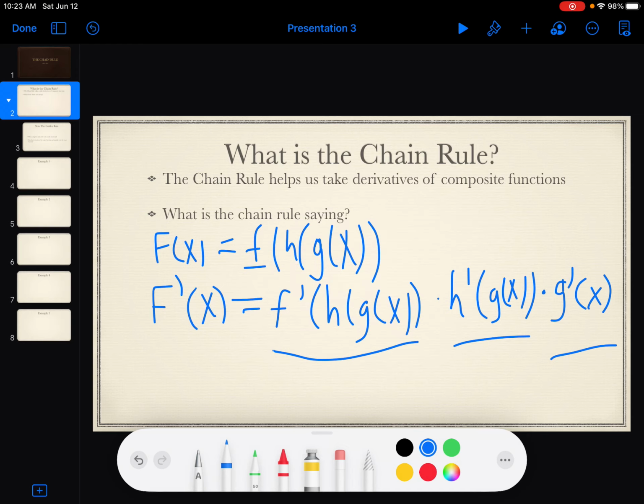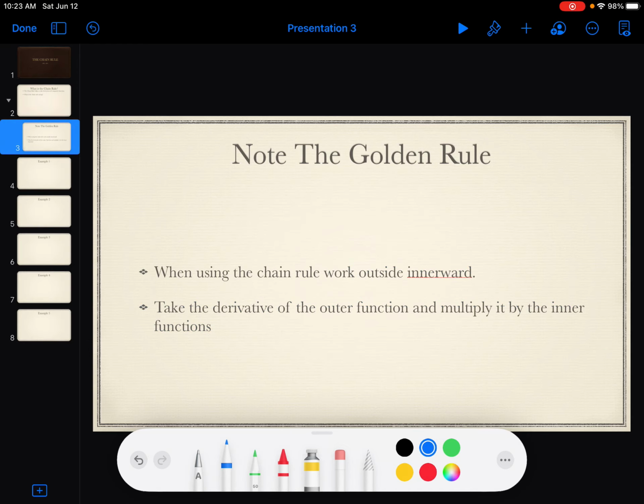So that's basically what the chain rule says, and I've summarized it here. The golden rule is you're working outside, inward. That's very important that you understand, because it's a very helpful idea to have that visual image in your head that you're working outside inward, like you're peeling something or you're thinning the ranks.